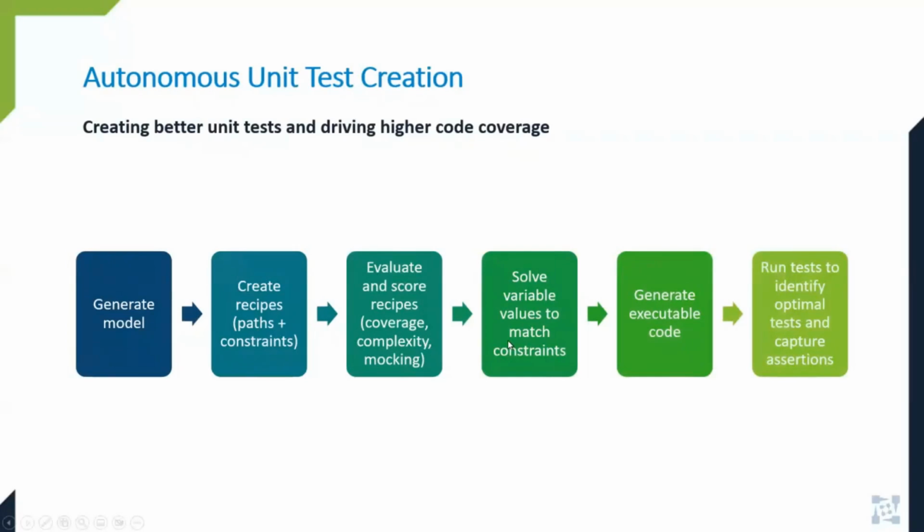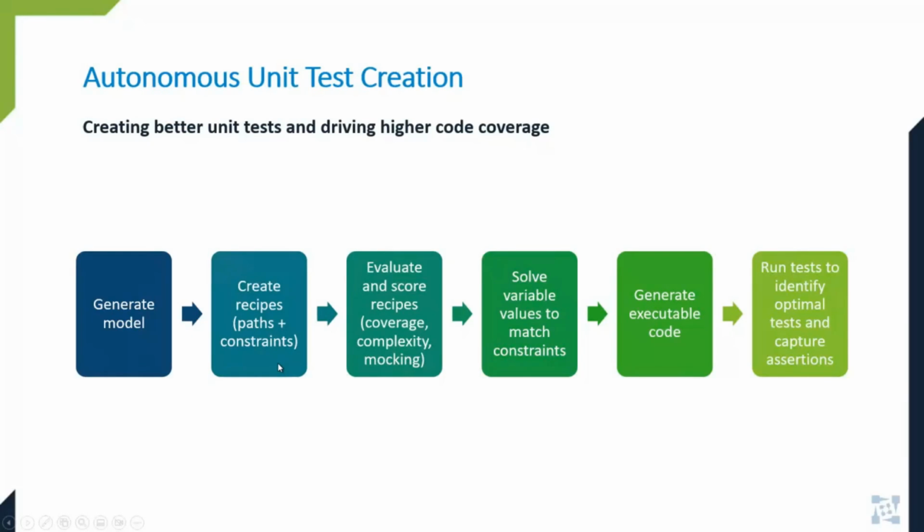So I want to talk just a little bit more about the detail of what JTest does under the hood, the workflow that it goes through when it generates tests. So the first thing it's going to do is generate that model of the code to be tested. And then from that, it's going to generate these things called recipes.